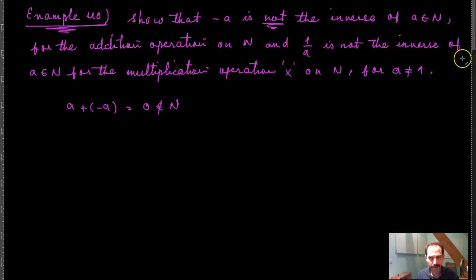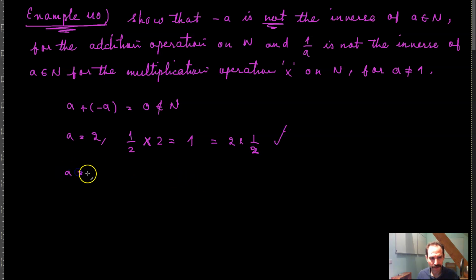And 1 divided by a is not the inverse of a belonging to n for the multiplication operation, provided that a is not equal to 1. For example, if a is equal to 2, then 1 divided by 2 times 2 is equal to 1, and that is equal to 2 times 1 divided by 2, so we have no problem here.